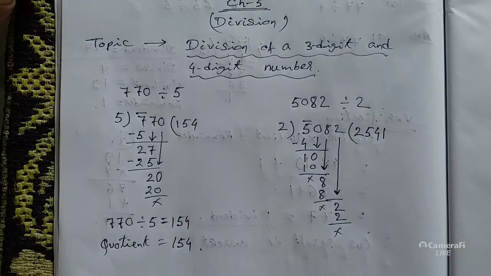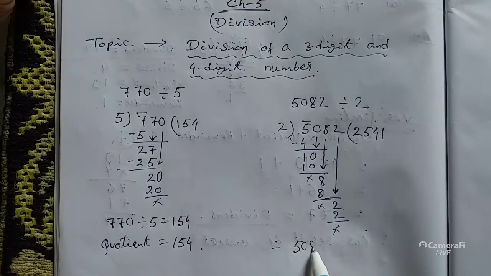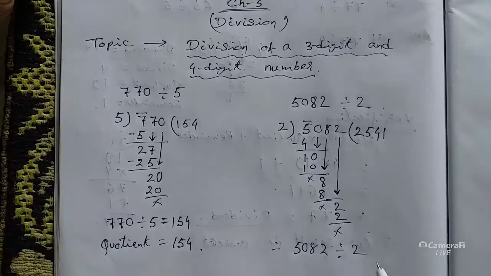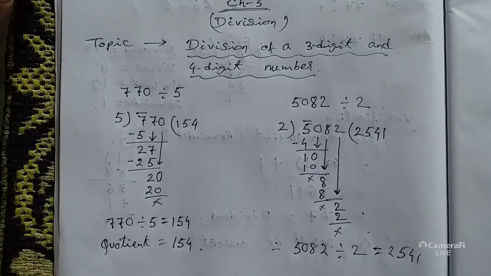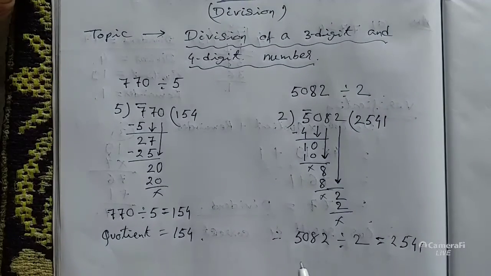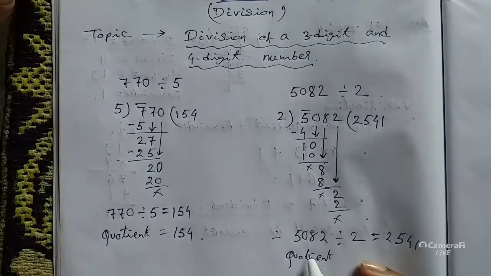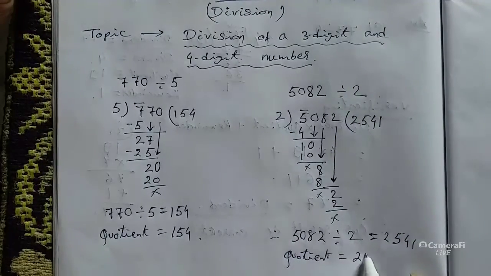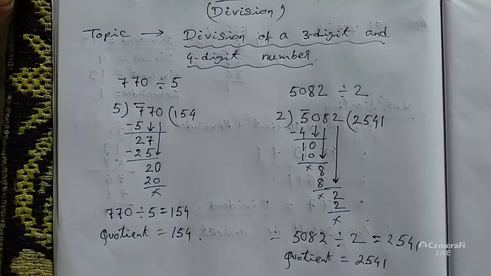This completes the division. Therefore we can write 5082 divided by 2. We get the result 2541. Or if we want the quotient, we can write quotient equal to 2541. So in this way we can divide a 4-digit number.